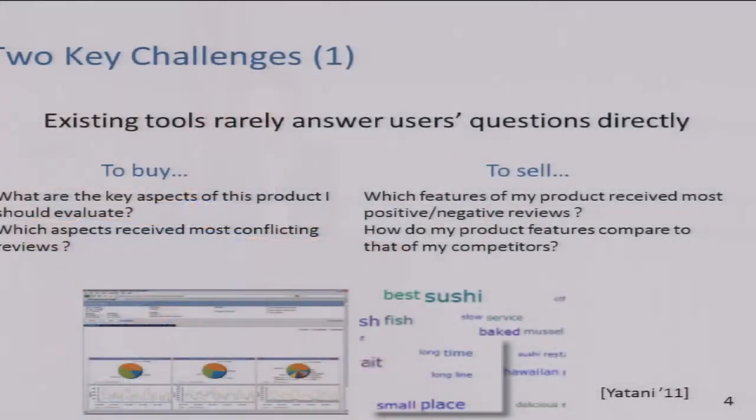And from the selling side, the business side, they may want to know how to best sell the features of their product based on the most positive or most negative reviews they have received. And the second part of it is how their product features compare to those of their competitors.